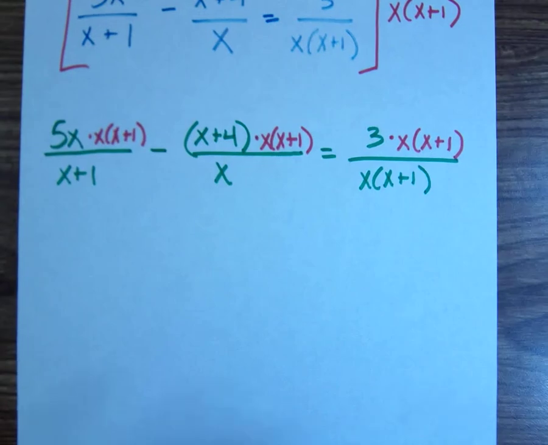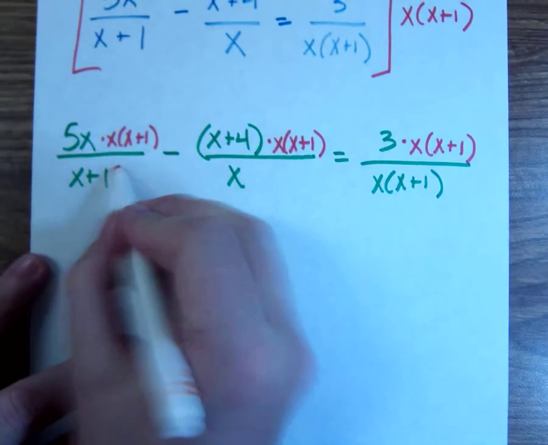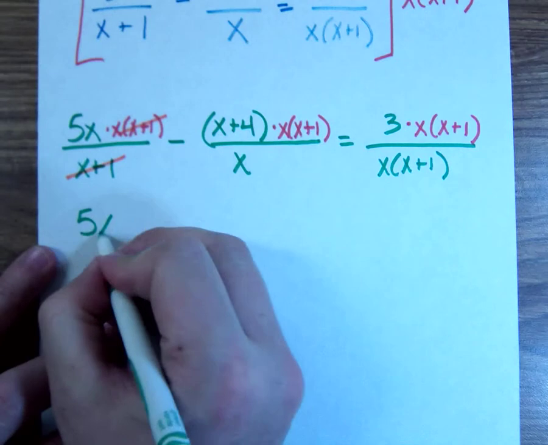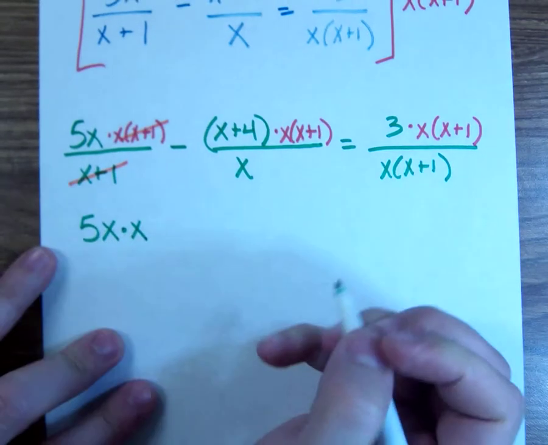Like so. Now, it sort of looks like we made it way worse, and when I say we, I mean you. This was your idea. You agree? But now that we've done this, we can cancel all of the denominators. Because we picked something intelligent to multiply by, we can get rid of all the denominators. For example, here, the x plus 1s are gone, which leaves us with 5x times x.